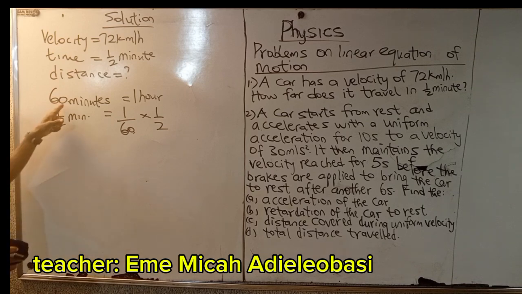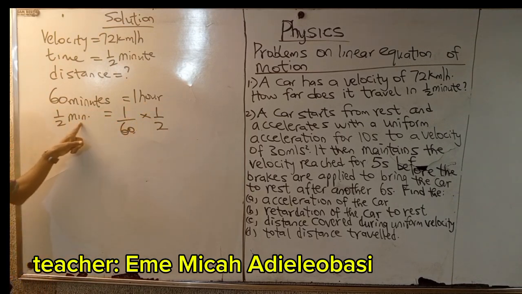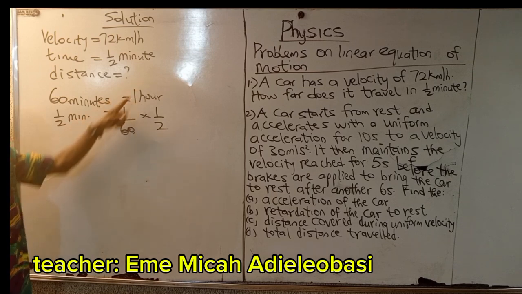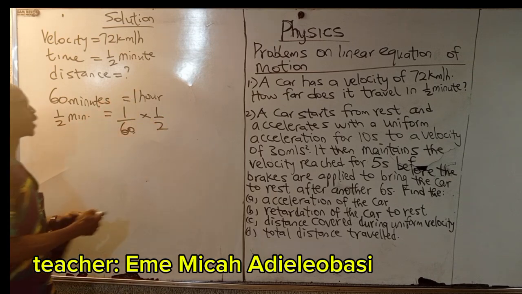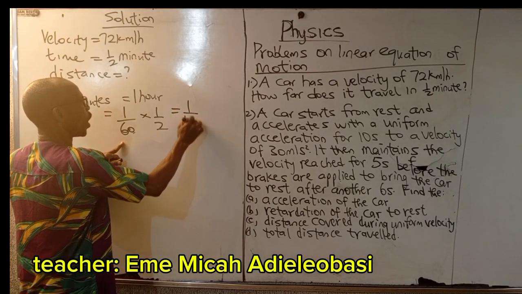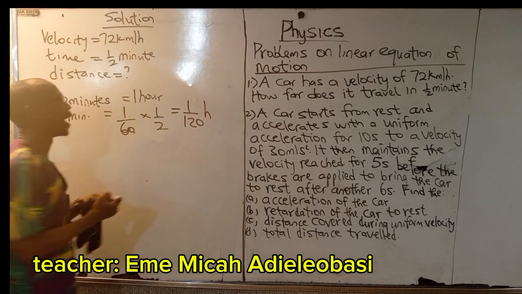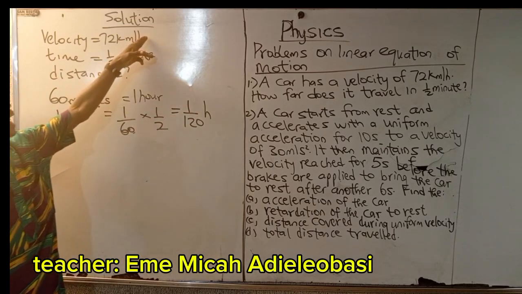You get that now? 60 minutes is equal to 1 hour, so half a minute will be 1 over 60 times half, and this will give us 1 over 120 hours. So we have converted the time to hours.